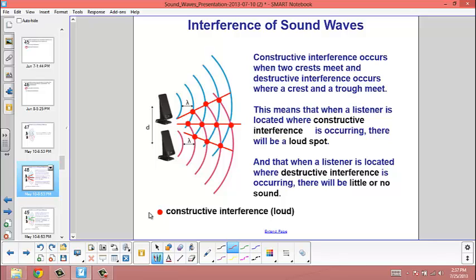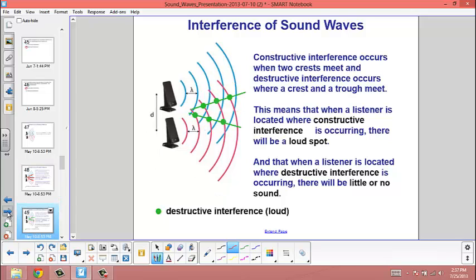The opposite of constructive interference is destructive interference. The next slide shows where the crest of one waveform, let's look at the location right here, the crest from the purple wave matches up with the trough of the light blue wave.